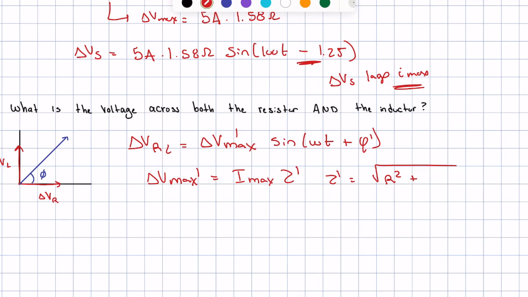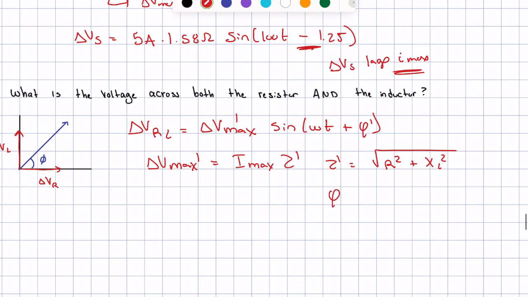Well, there is no more C. So it's just going to be X_L squared, like that. And then phi prime, we just take out any mention of the capacitance, so it's going to be the inverse tan of X_L over R.